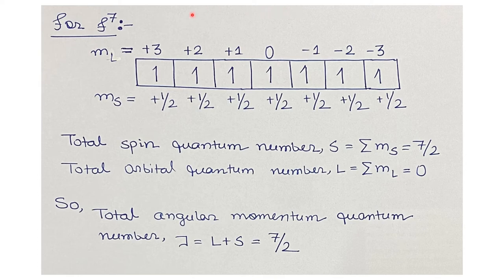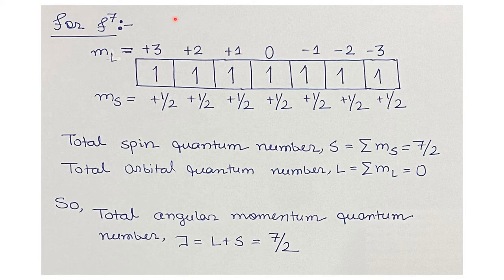Now we'll see how we can accommodate the 7 electrons in the f subshell or f orbital. For the f orbital, we know the l value, the orbital angular quantum number or azimuthal quantum number, l equals 3.